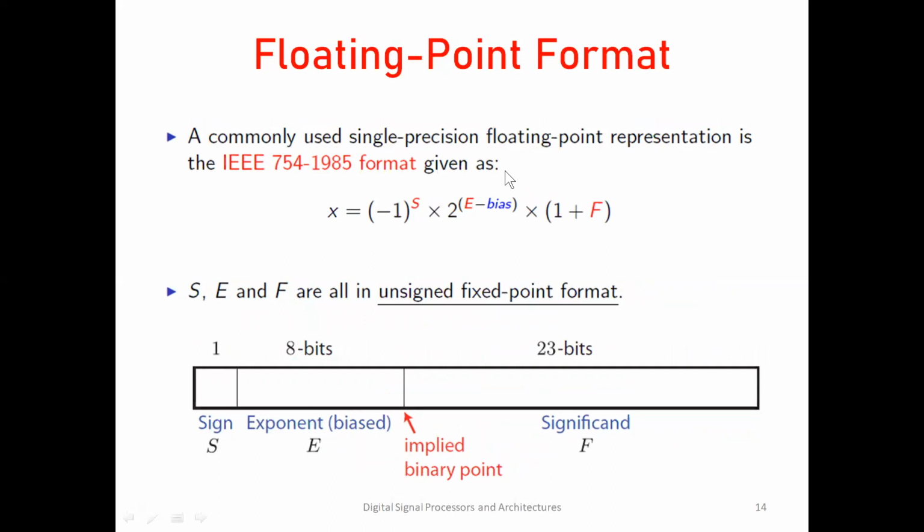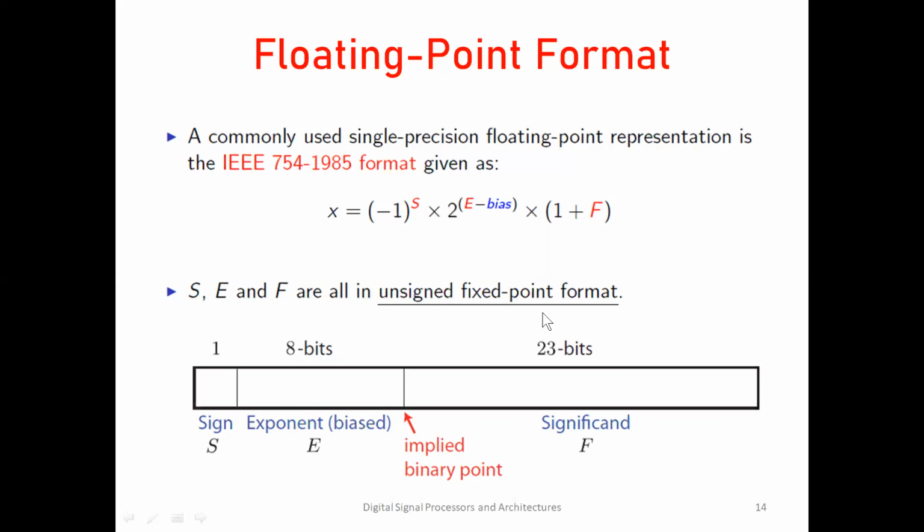A commonly used single precision floating point representation is the IEEE 754 format, which is given like this: x equal to minus 1 power s into 2 power e minus bias into 1 plus f, where s stands for sign, e stands for exponent, which is a biased exponent, and f is the significand. So f basically represents the magnitude fraction of the mantissa, the significand.